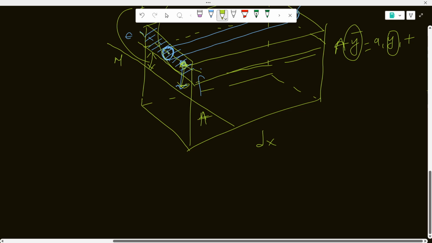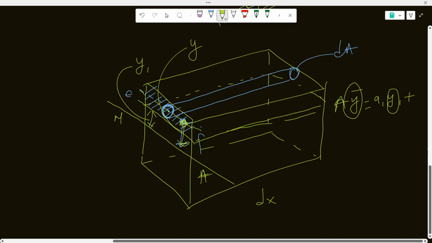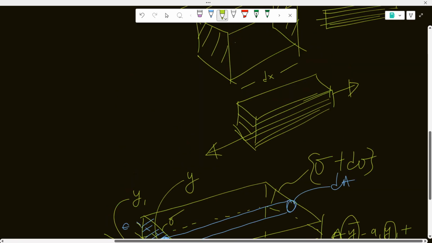The next thing that we need to keep in mind is that we need to go back to the fact that the bending stress is varying. If the bending stress is varying, it means that all my area in this section will have a stress of sigma, and in this section, I'll have a stress of sigma plus d sigma, a different stress entirely. I explained it here.